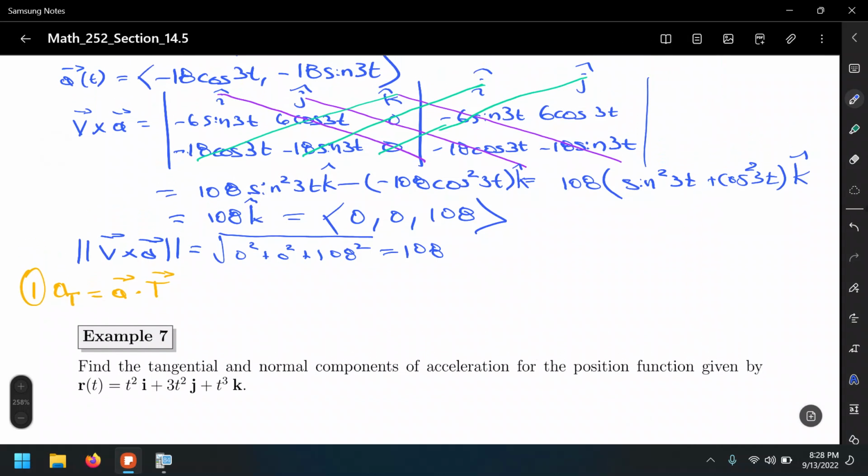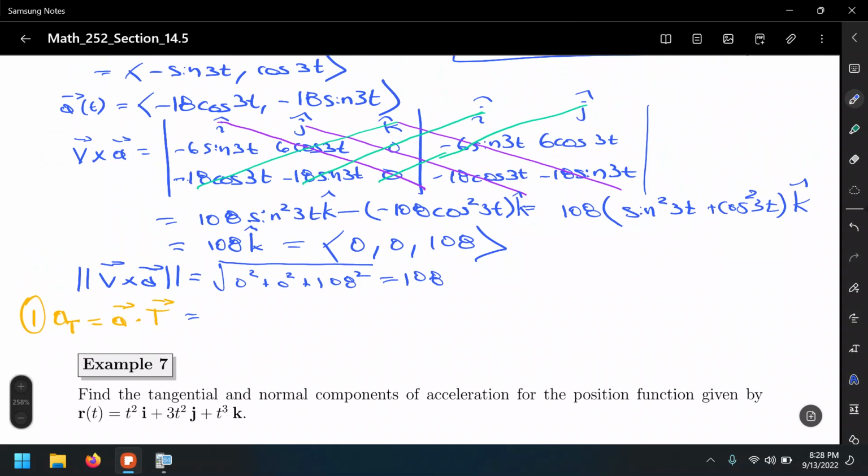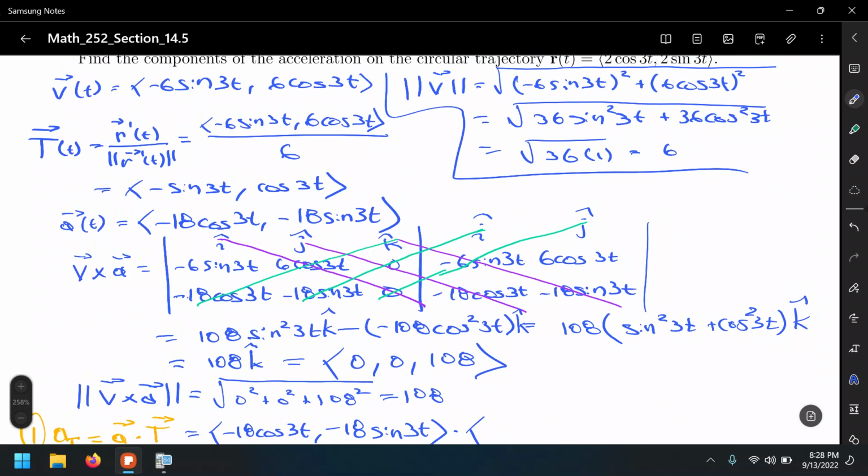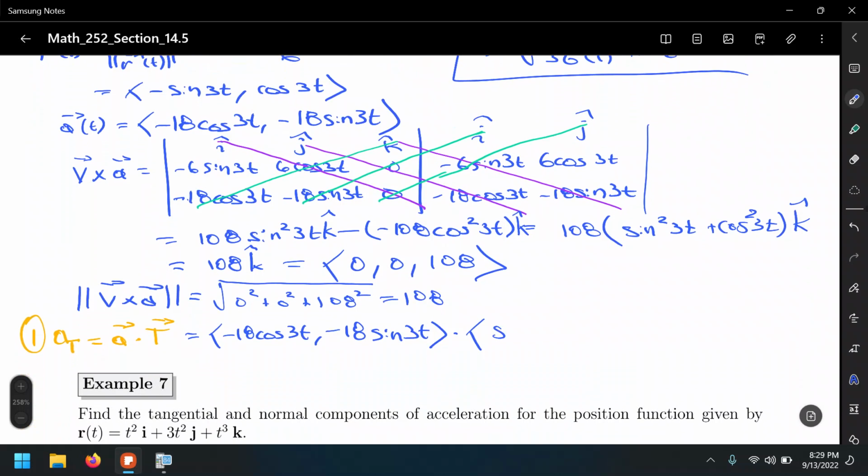So the acceleration vector, which is negative 18 cosine 3t, negative 18 sine 3t, dotted with T, the tangential, which is right here. The tangential is this vector right here, negative sine 3t, cosine 3t.